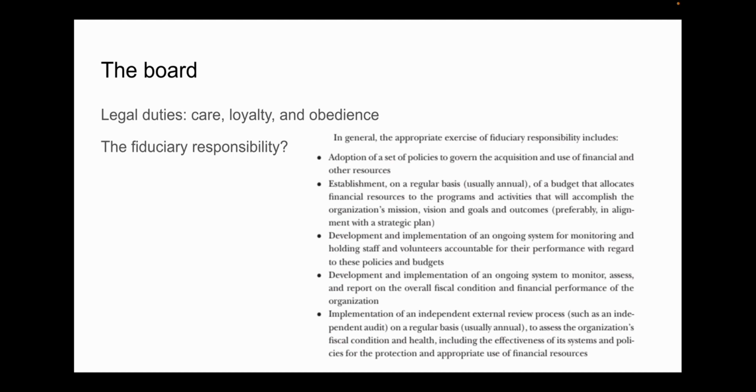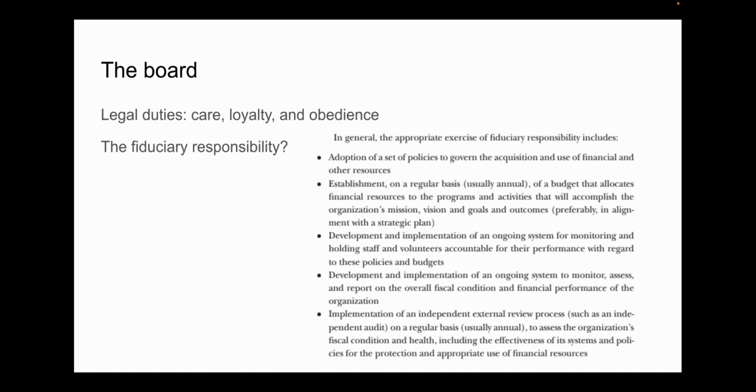When you serve on a board, the organization's leaders, including other members of the board of directors, are expecting you to bring some sort of resources or connections to the organization so that they can do good things better.